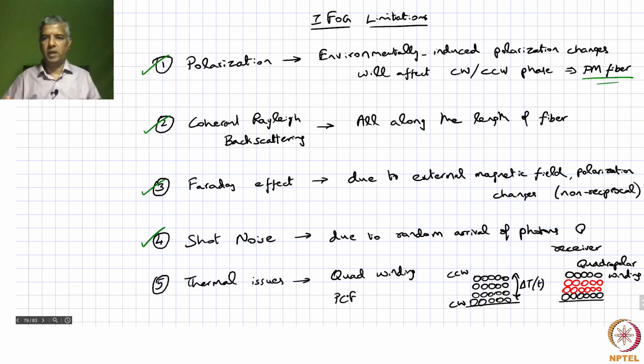So, when you have the coil made of photonic crystal fiber, of course the fiber is more expensive than your regular PM fiber. So, you pay an extra cost, but what you get in return is a lower rotation rate that you can detect. Okay.